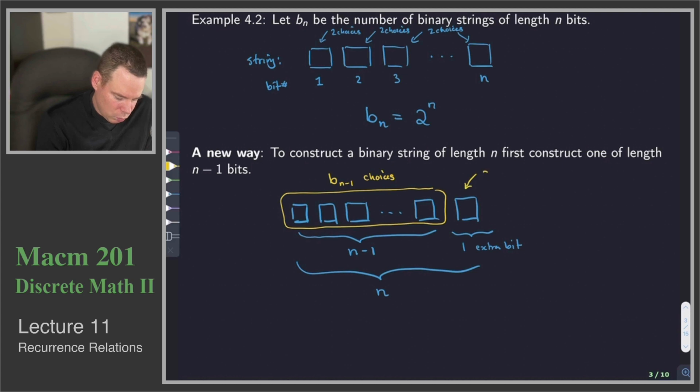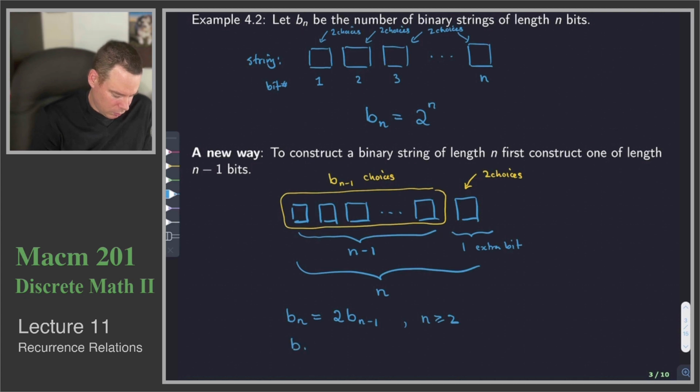And then I've got 2 choices for a bit to append on the end of it. So the number of binary strings of length n is 2 times b sub n minus 1. And this is for n bigger than or equal to 2.